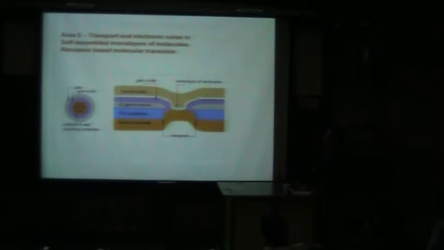But what we need is also a three-electrode device in which you have both drain and source, but also a gate to control the currents in your system. That is a picture of the proposed device. You have two electrodes, you have the layer of molecules, you have a gate. So that's another interesting project that involves both computation and measurement.